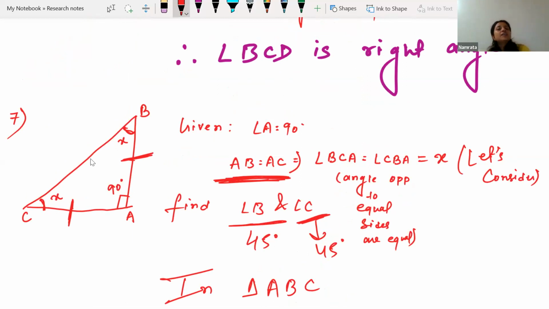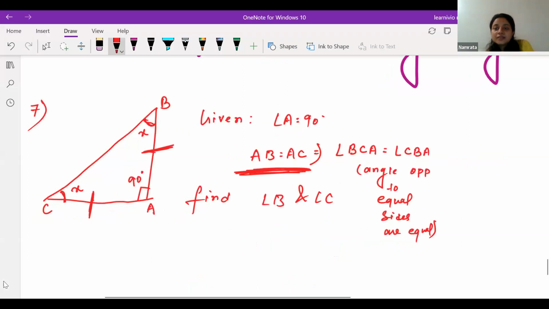Now, if one is 90 degrees, then by angle sum property, the sum of interior angles will be 180, and from here we get the value of x, that is each unknown angle, right? Is it clear to everyone? Yes, ma'am. Okay, let's go ahead.